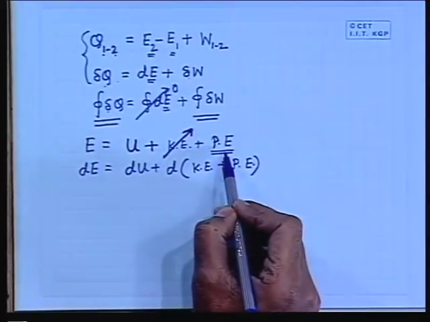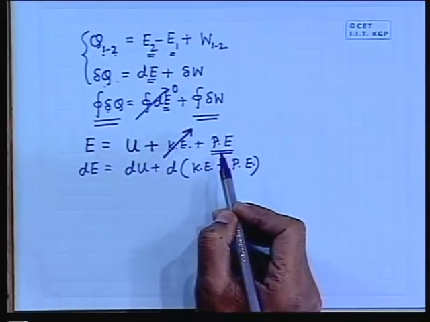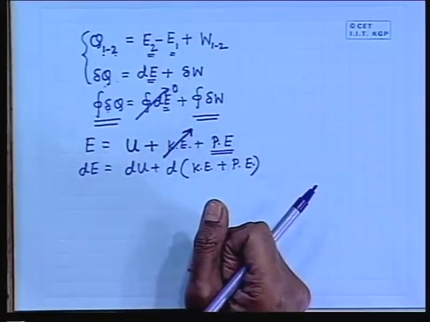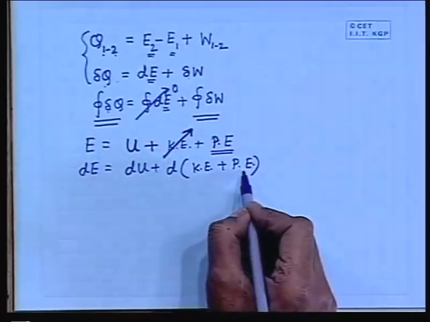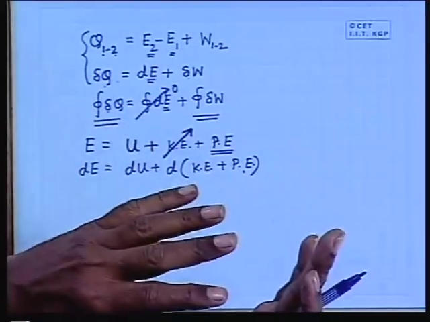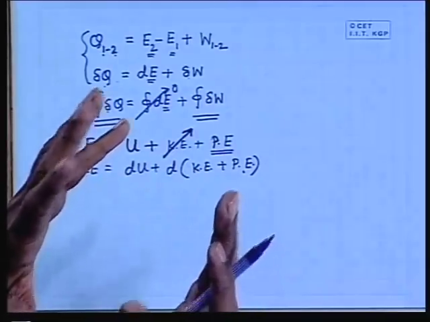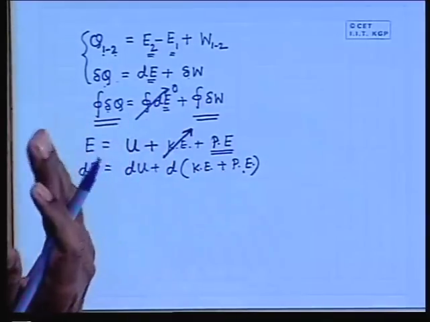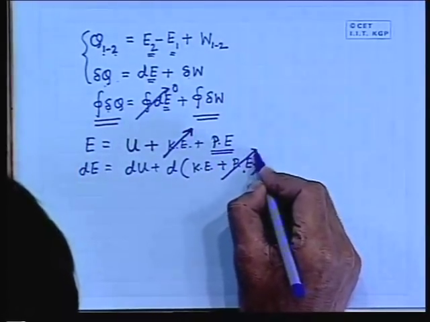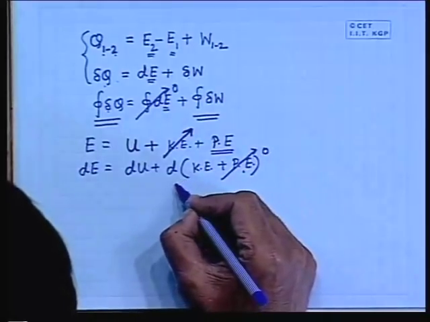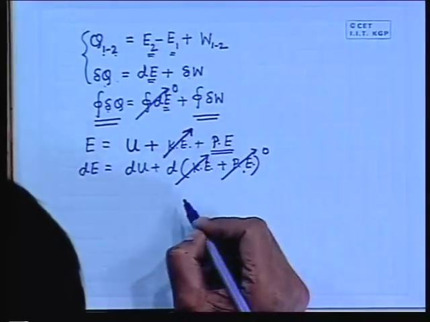But potential energy may not be 0, because any system, for example in the gravitational field of the earth, has some potential energy. But the change of potential energy in all practical cases is very small compared to the change in its intermolecular energy, so we can neglect this change of potential energy. Because there is no kinetic energy, its change is also 0.